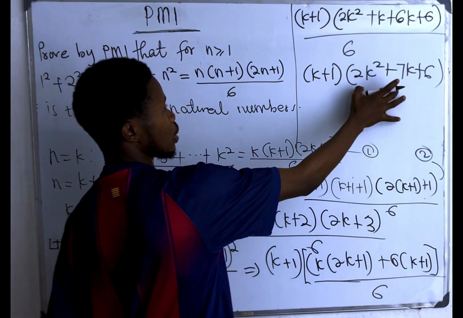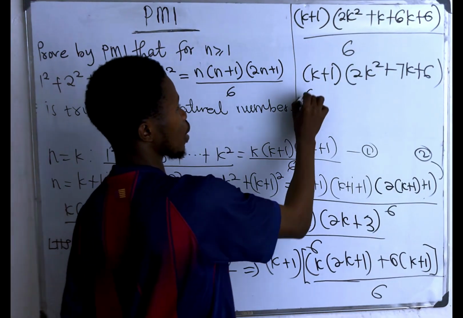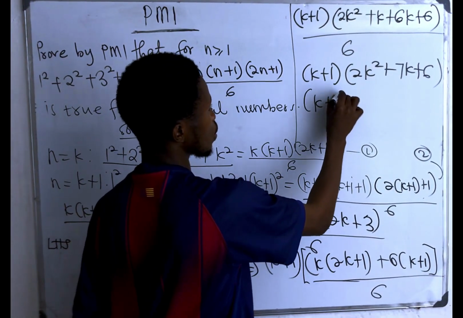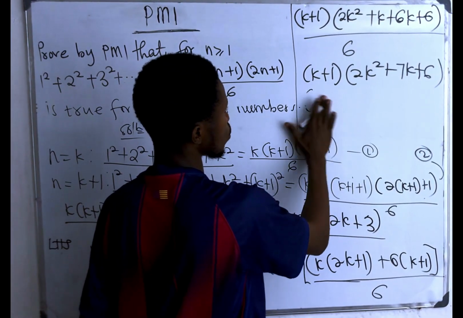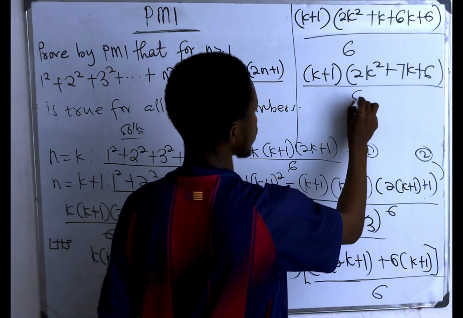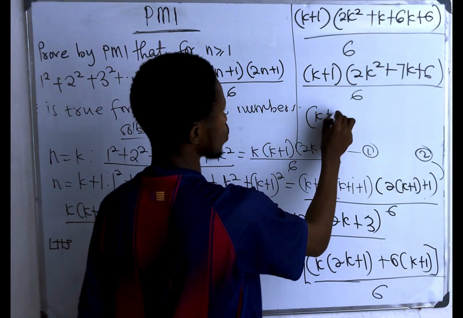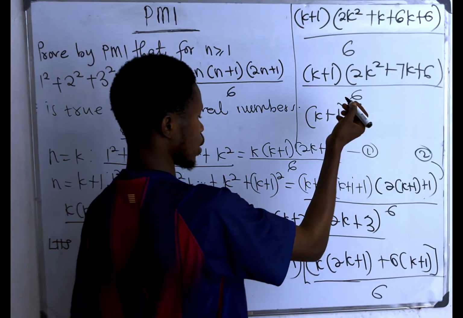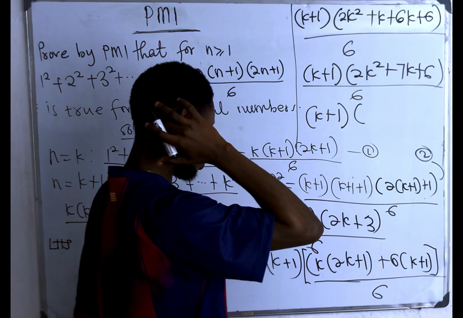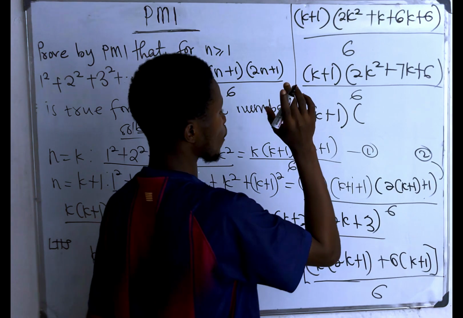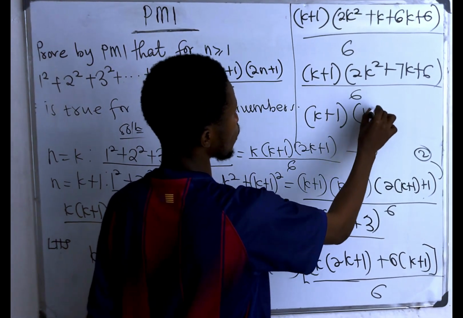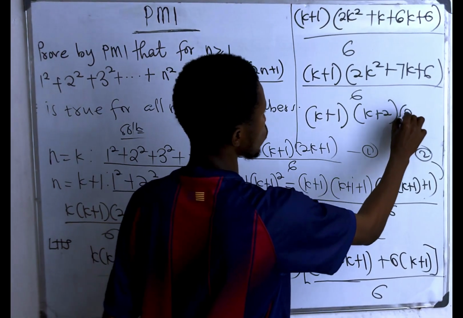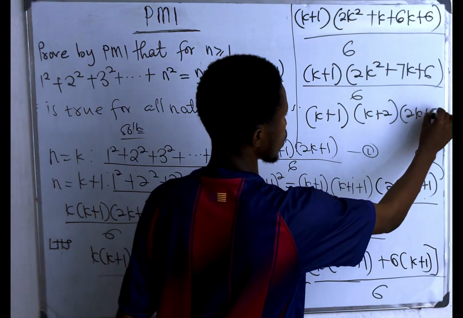Now, this is a quadratic. If I simplify this quadratic, remember this is over 6, I'll get (k + 1), and then I'll get (k + 2), and I'll get (2k + 3).